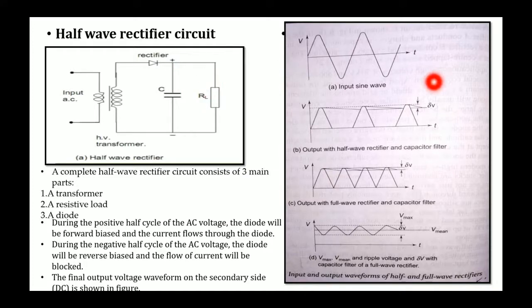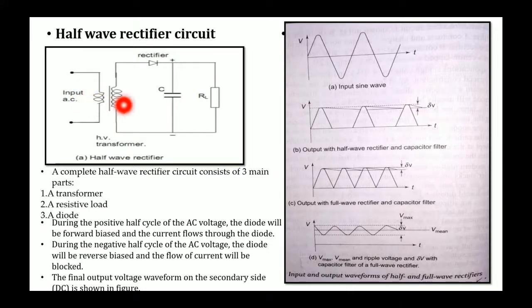This delta V, the ripple voltage, depends upon three factors. Which are those? One is the supply voltage frequency, F, and the second is the time constant, the product of C into RL. The third is the reactance of the supply transformer, XL, the inductive reactance of this transformer.